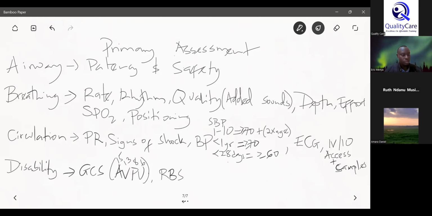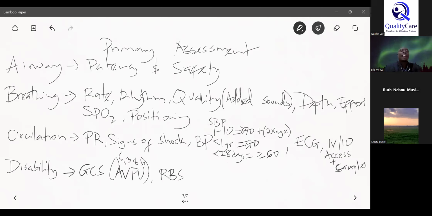I need to convert. 2.5. 45 is 2.5. So 40 is, I think, 2.2. Divide by 18, yes. 40 is 2.2. So for the neonate it is 2 to 2.5.